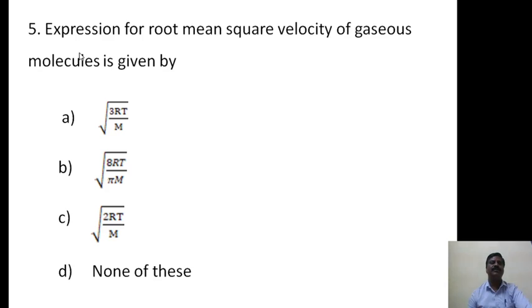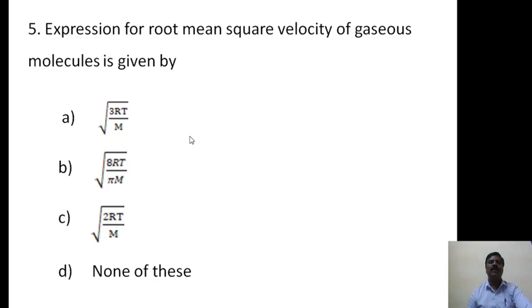Then the fifth question: the expression for root mean square velocity of gaseous molecules is given by. A option, square root of 3RT divided by m, B option, square root of 8RT divided by pi m, C option, square root of 2RT divided by m, and D option is none of these. I will give just 10 seconds.